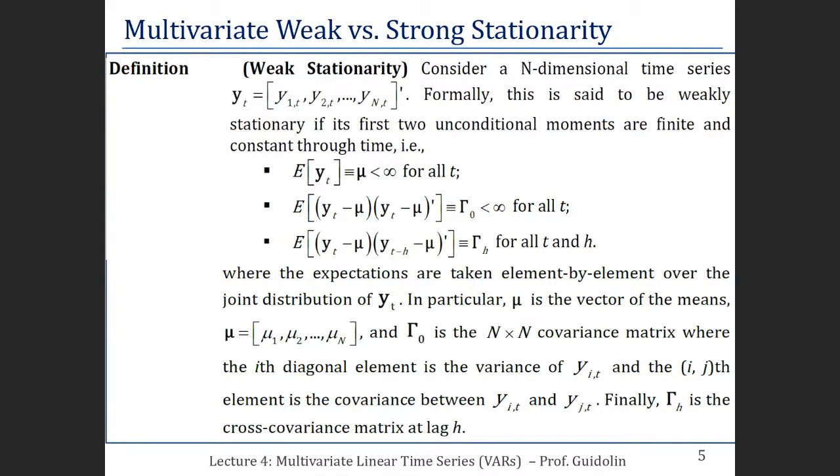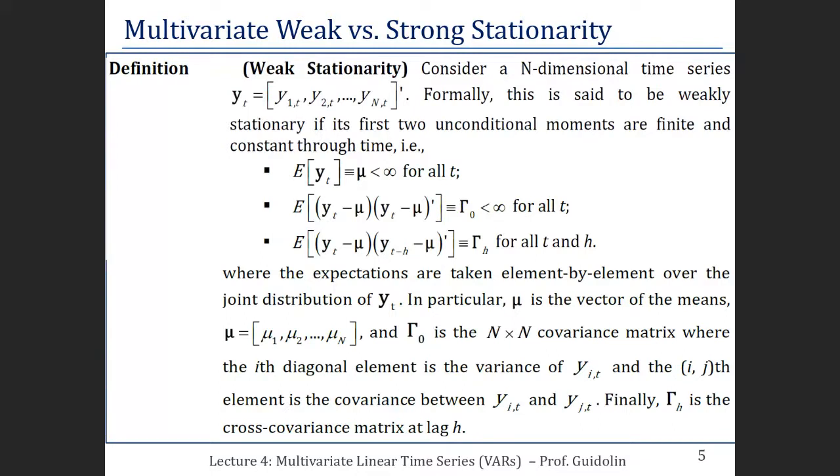The variance is not a number, it is a matrix. It's called the covariance matrix. And finally, what used to be autocovariances, gamma h, a function of h, now become matrices because not only do you have the autocovariances as we defined them in the past, so one time series with its past and its future, you also have cross serial covariances.